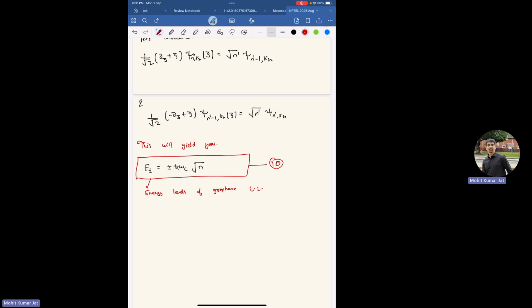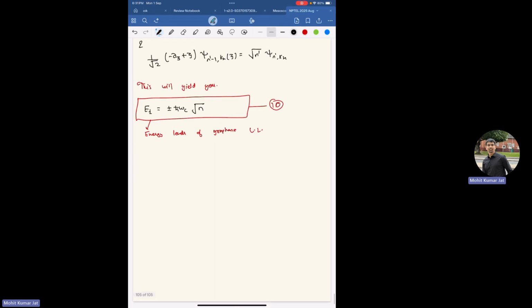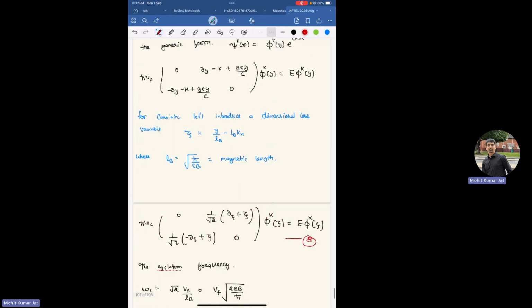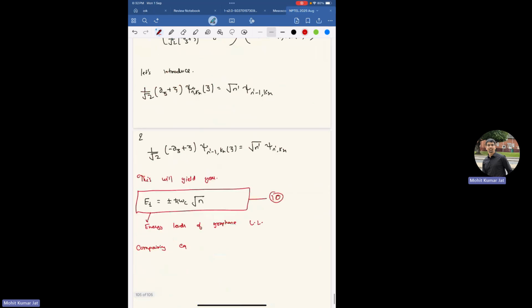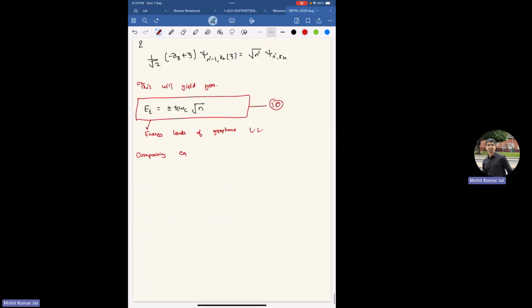Now, let me write comparing equation number 5, comparing Landau levels of graphene and 2DEG.